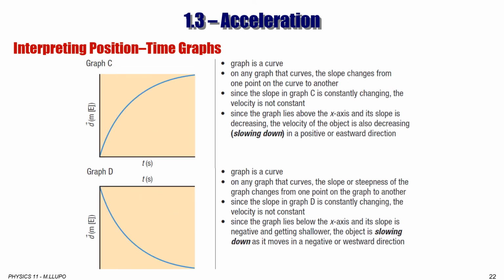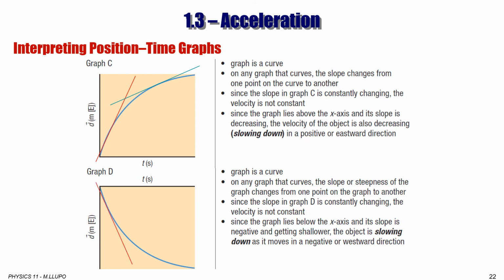On this pair of graphs, you see the tangent is positive, but is getting less steep. That means it is slowing down. So velocity is positive, and acceleration has to be negative in order for the final velocity to be smaller than initial velocity. So it is slowing down: positive velocity, negative acceleration.